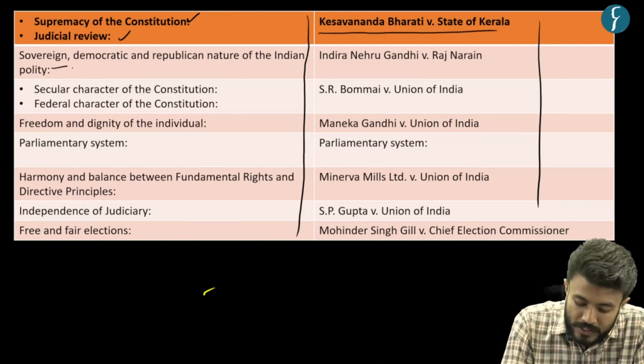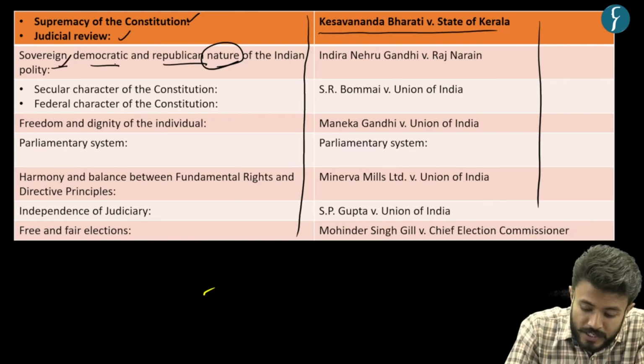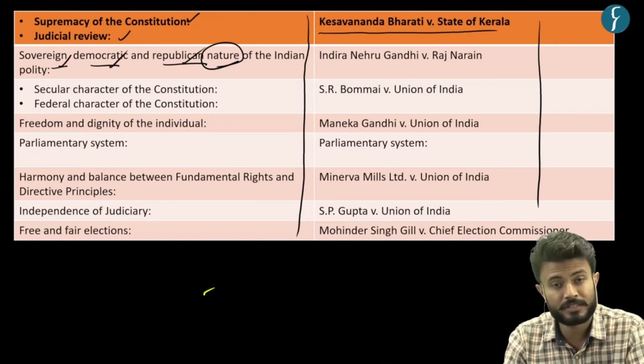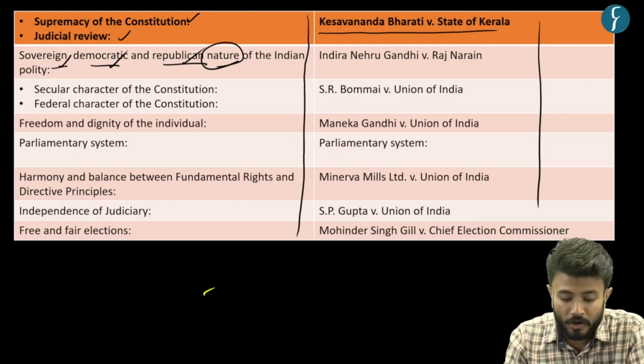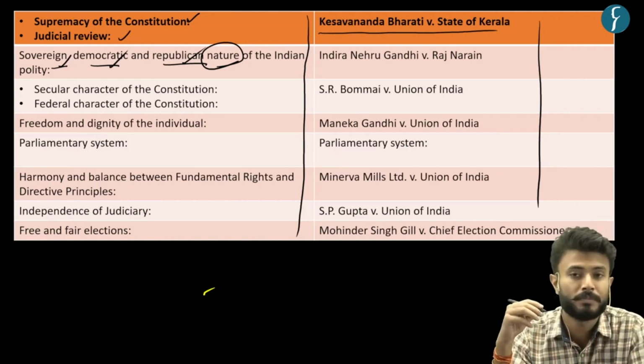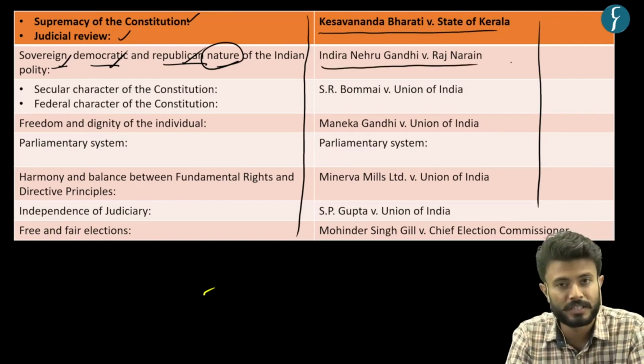Second, sovereign, democratic and republican nature of India. Again, just notice these words: sovereign, democratic and republican nature of India. Again, this is a basic structure. So parliamentary law cannot overrule this sovereign, democratic and republican nature. Which case? Indira Nehru Gandhi versus Raj Narain.